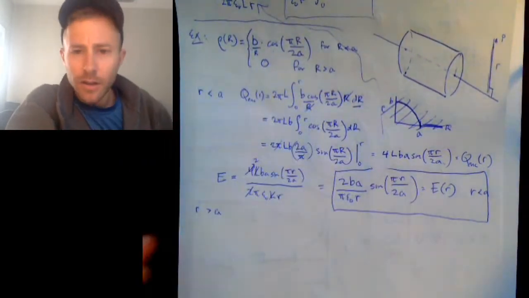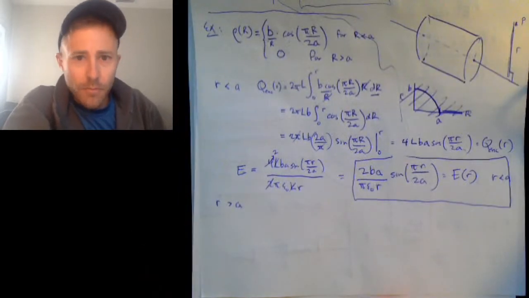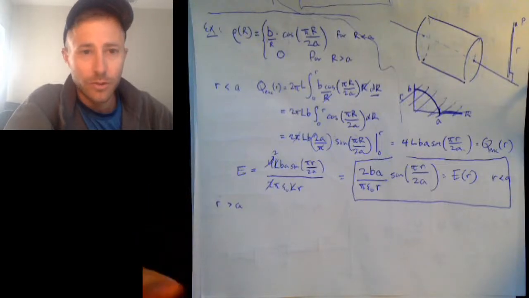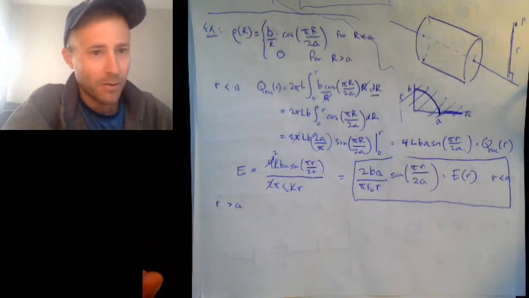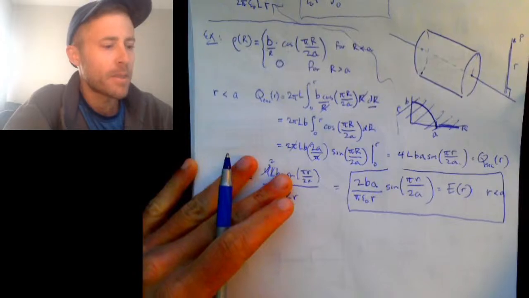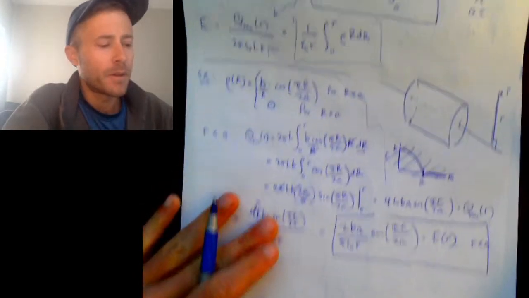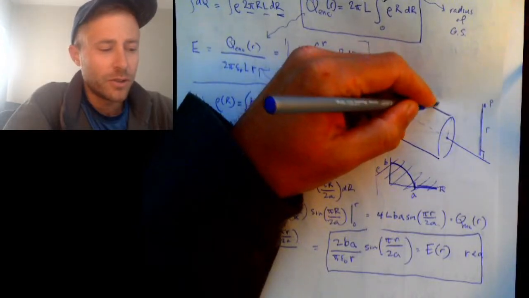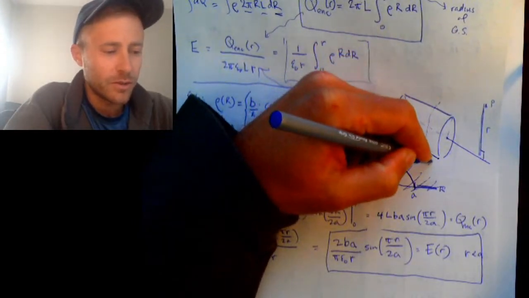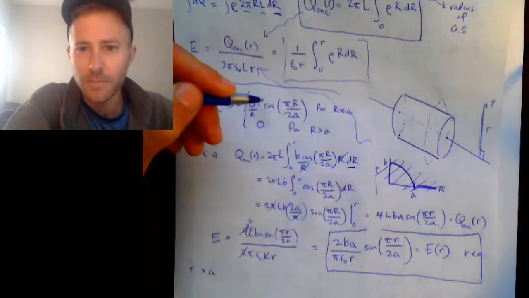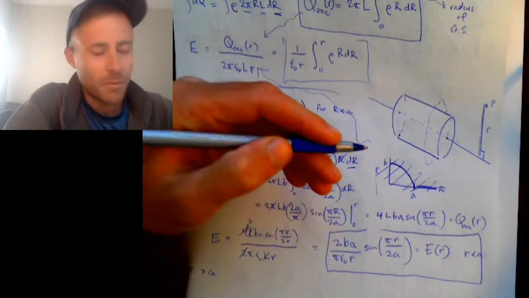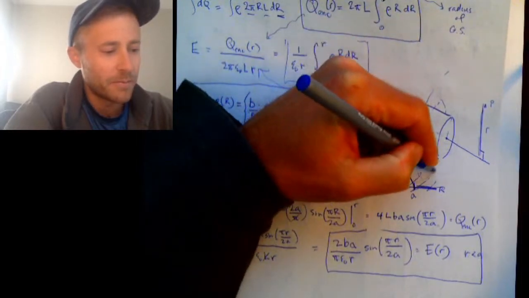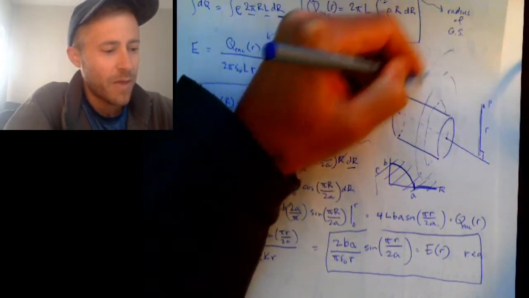Okay? Now, here's the thing. There is actually a maximum value to the charge enclosed. All right, so let me tell you why. If this is your Gaussian surface or your Gaussian cylinder, it's enclosing the same amount of charge if it's that big or if it's that big or if it's that big.